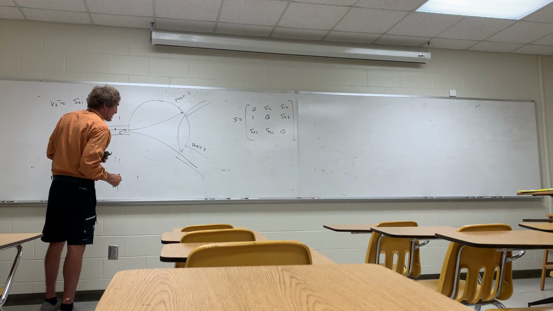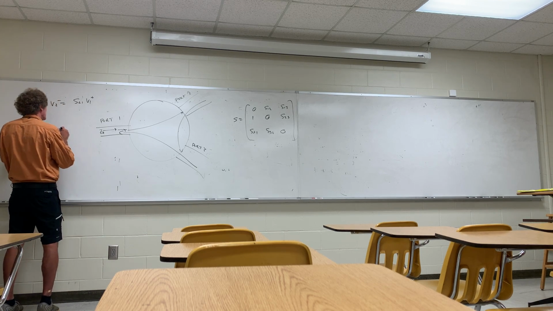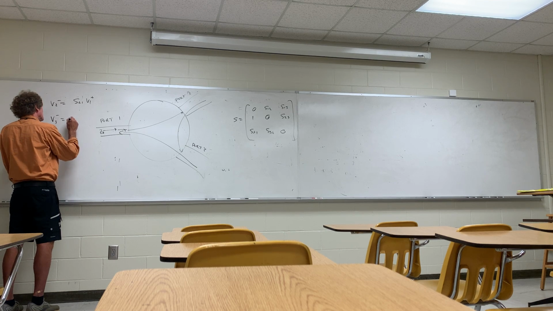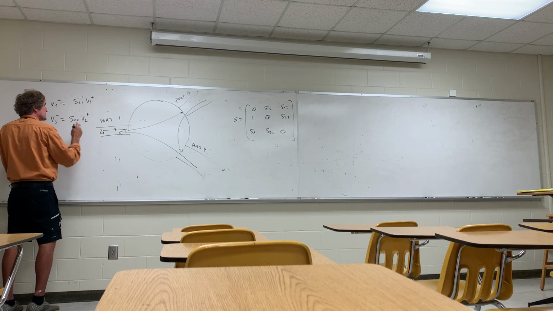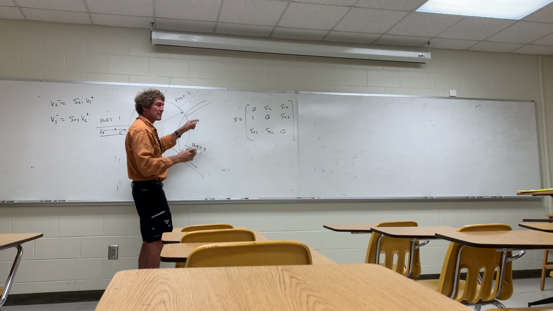Next, for port 2 and 3, I said V3 minus is equal to, and this would be S32 V2 plus. Y'all follow me on this? What I'm doing here? V2 plus is the incoming signal here, right?